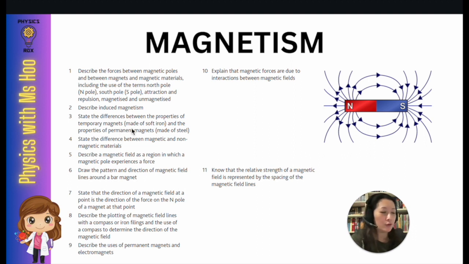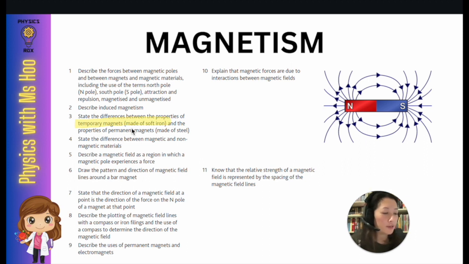I'm just going to highlight that real quick because you are expected to know that soft iron is used as temporary magnets, and the properties of permanent magnets which are usually made of steel.